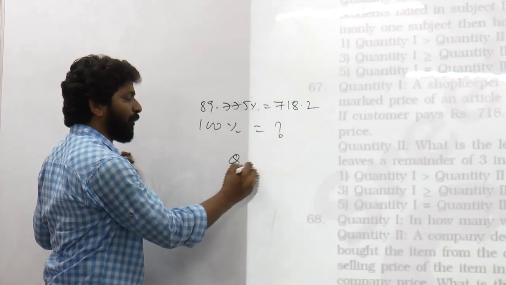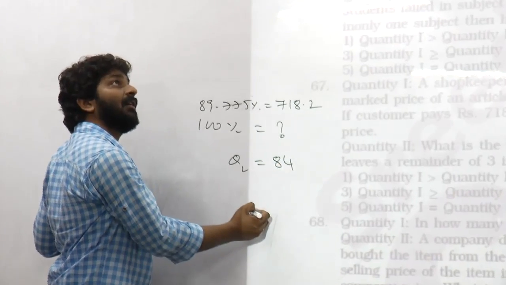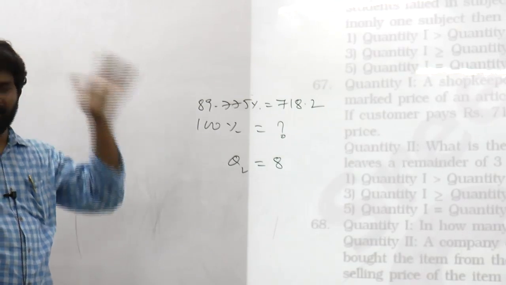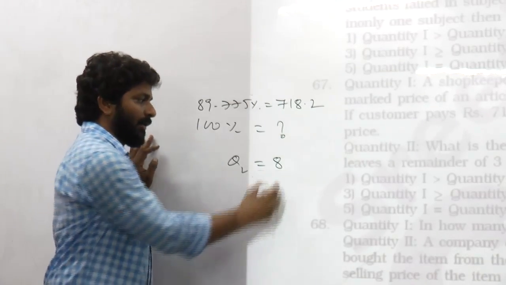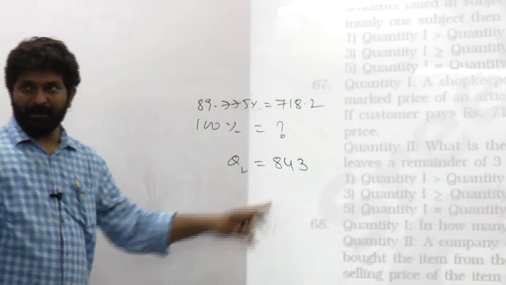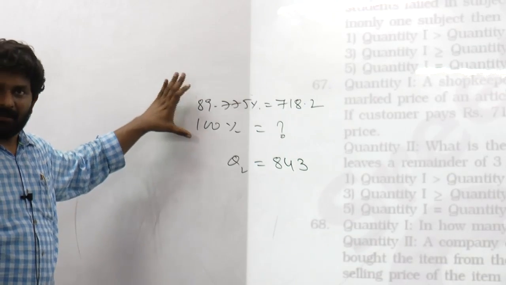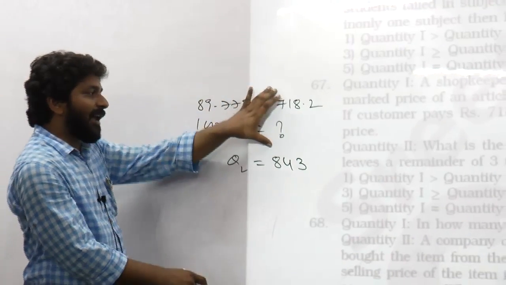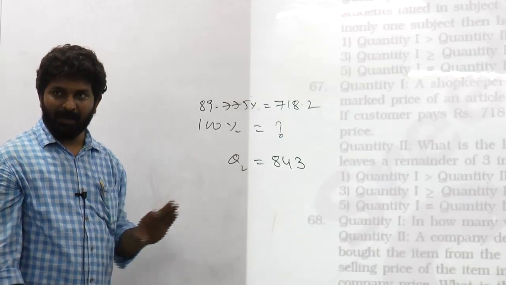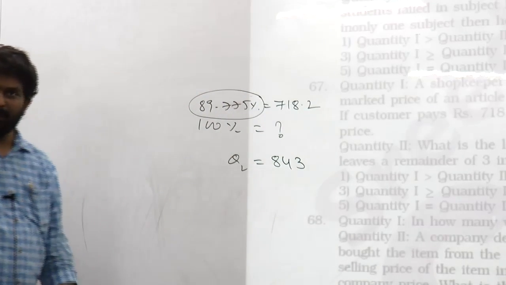So quantity 2 is 840 plus 3, 843. Need to have remainder 3, right? So 843. Now understand this. Whether this value is more than 843, equal to 843, or less than that, this percentage is very close to 90%.